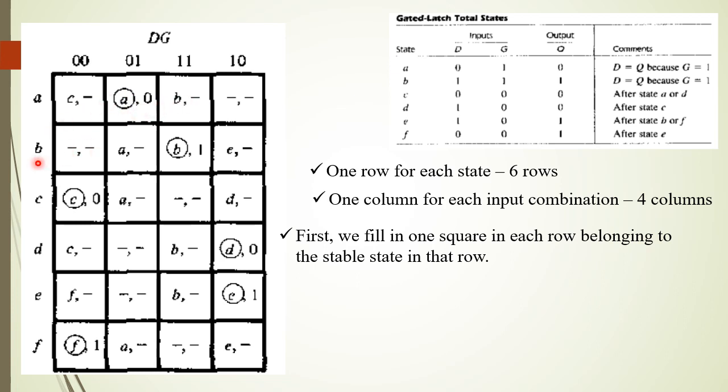After that, in the second row, B is 1 1, so in the third column we write B, put a circle around it, and the output value from this total state is 1. The third row, C is 0 0, so mark C in the first column, circle it, and its output is 0.